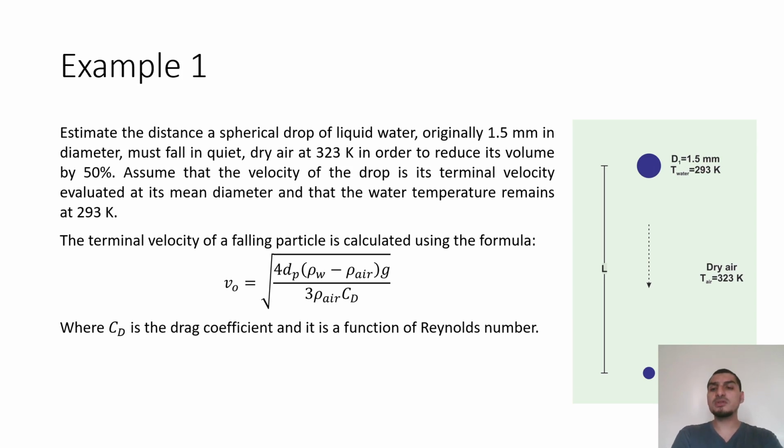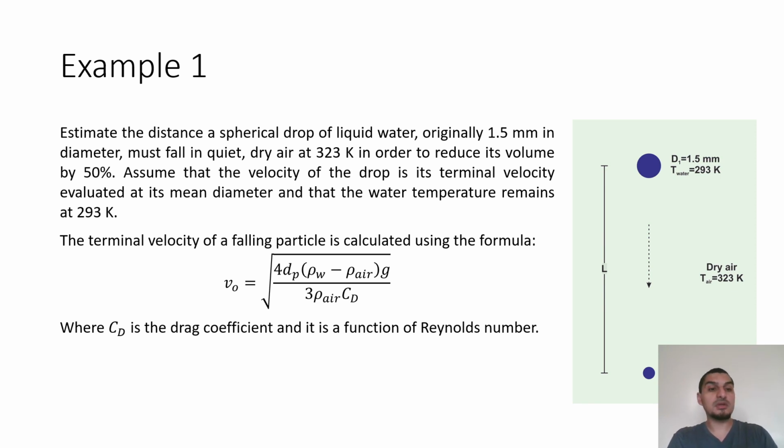So we need to know how much distance L this drop needs to fall, starting with a diameter of 1.5 millimeter until it reaches the diameter that will lead to 50% reduction in volume. To do this, we need first to have a plan of solving this problem, and based on this plan, we will arrange the solution procedure.